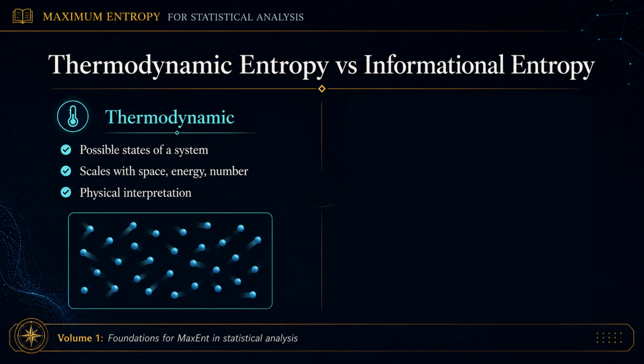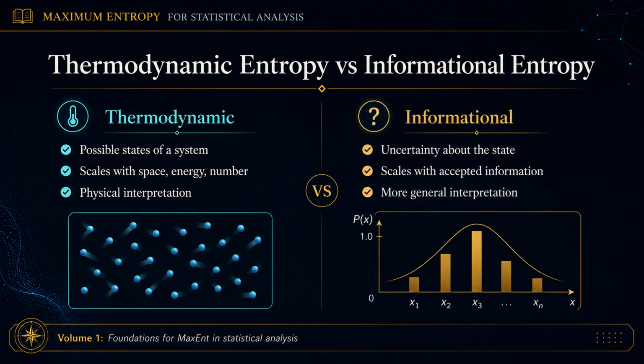But in this whole series we are talking about informational entropy, which rhymes with thermodynamic entropy but is in fact very, very different. The difference is that informational entropy, the topic we are concerned with, is not referring to the physical state of the system, but rather our uncertainty about the state of the system.